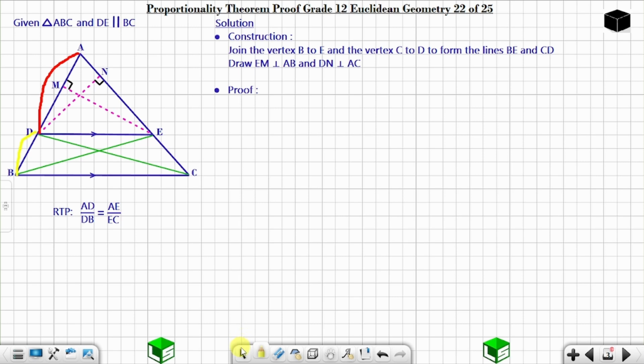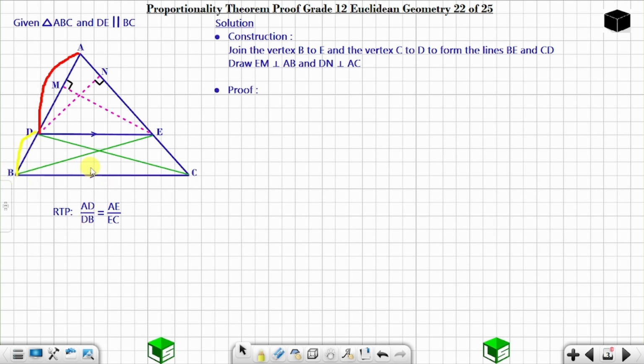So you need the triangle ADE, because you have AD, and you need the triangle BDE because you have DB.